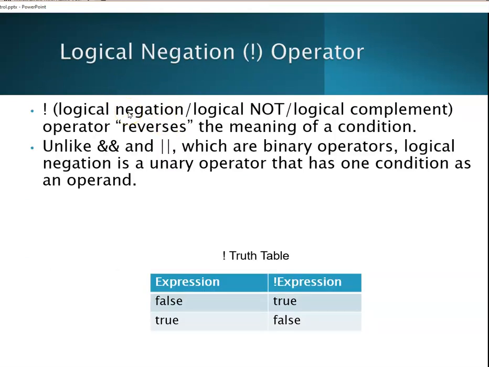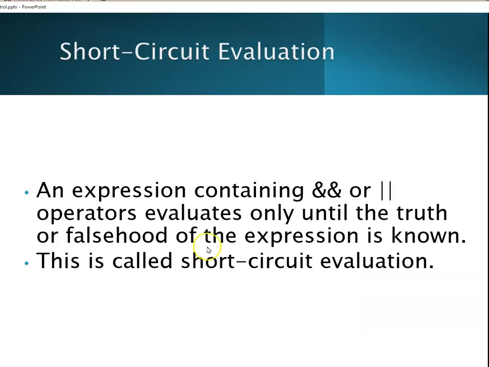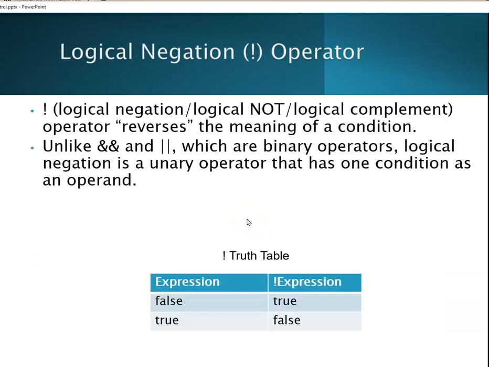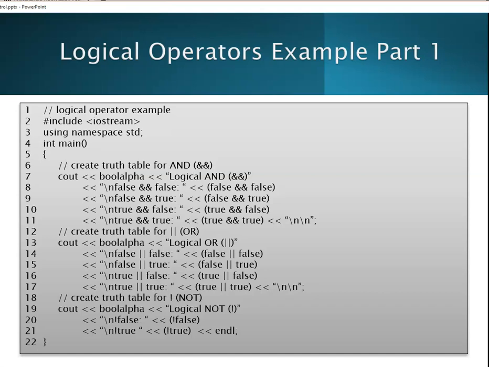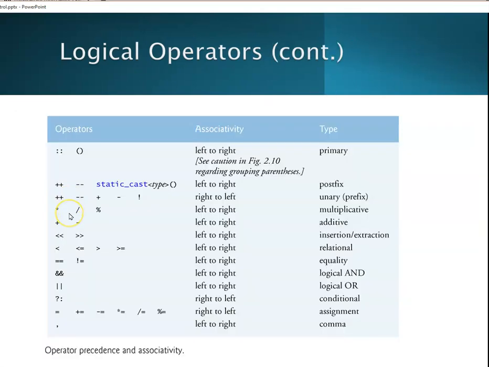NOT reverses the meaning of a condition. So it's a unary operator, and NOT of false is true, and NOT of true is false. So the example attached here demonstrates this by printing out the various truth tables.